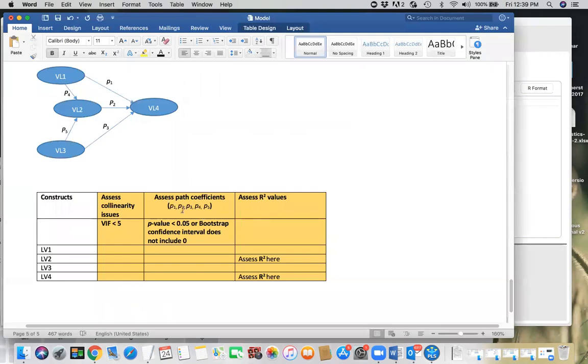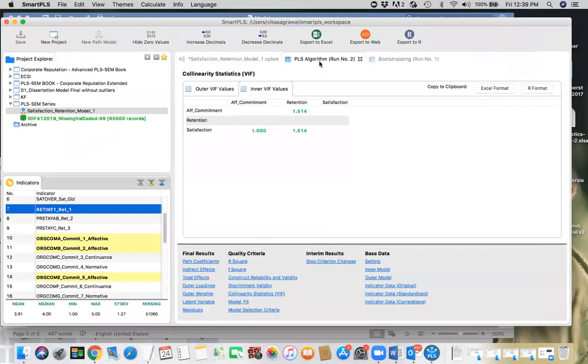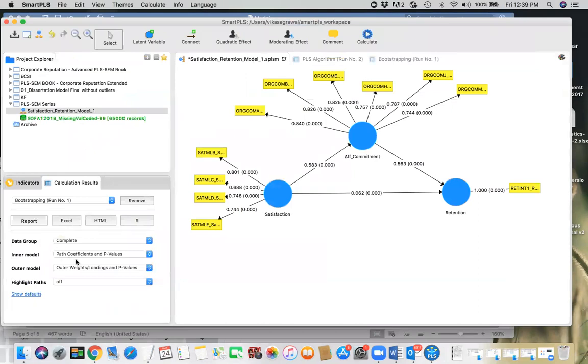We have seen that all the direct effect coefficients are significant, including the bootstrap, and we need to assess the R square value here. So for the R square, we need to look at the algorithm run.